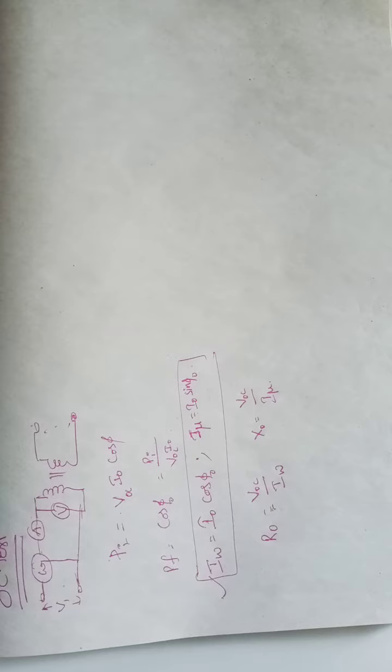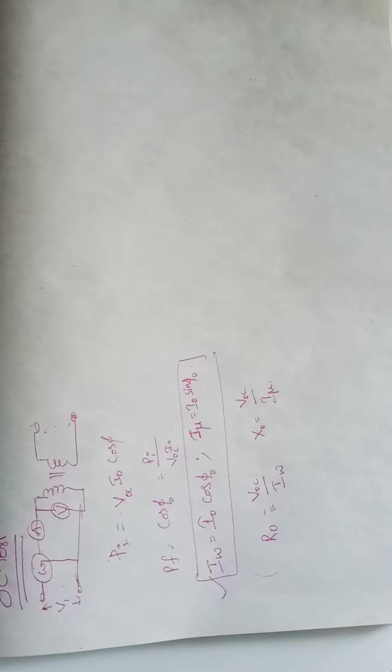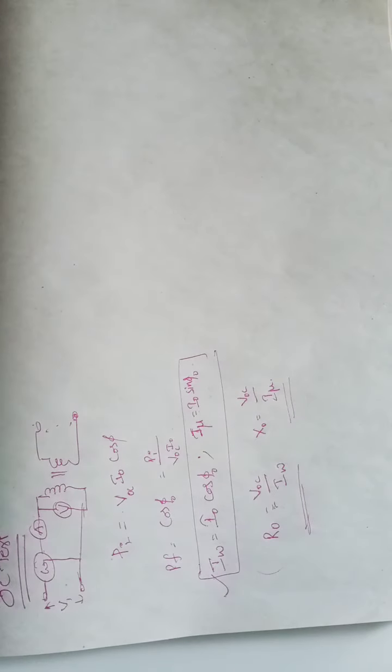These branch current formulas are very useful to find the no load resistance of the primary and the no load reactance of the primary. Both can be found. This is the no load resistance of the primary, and this is the no load reactance of the primary. We can find them by using the OC test.